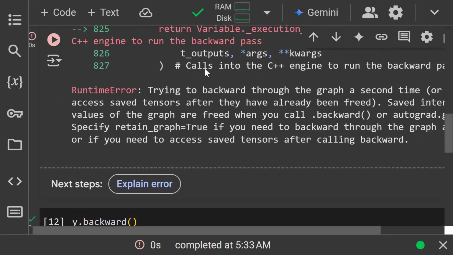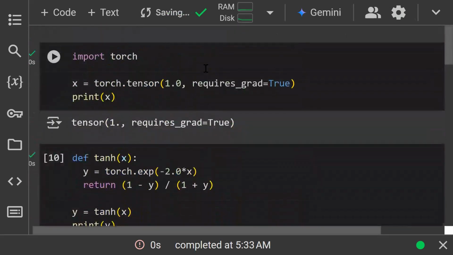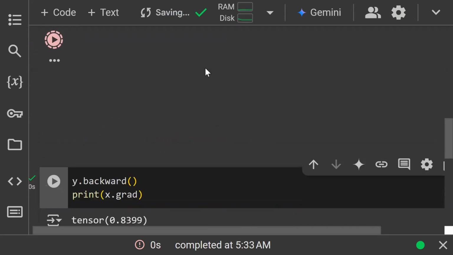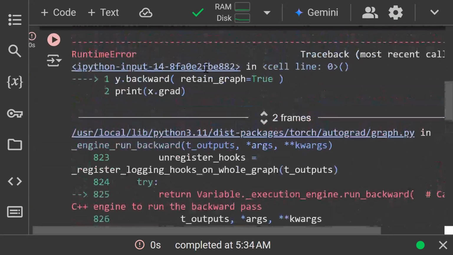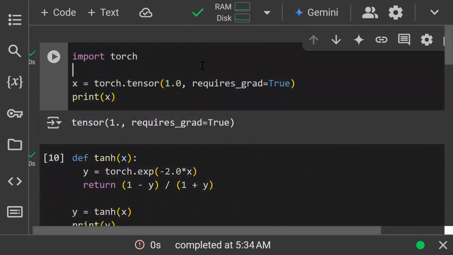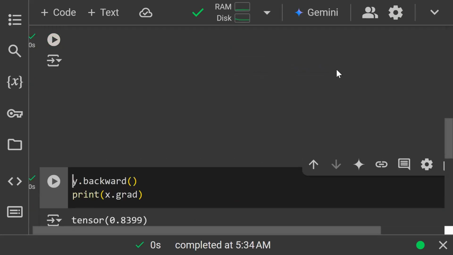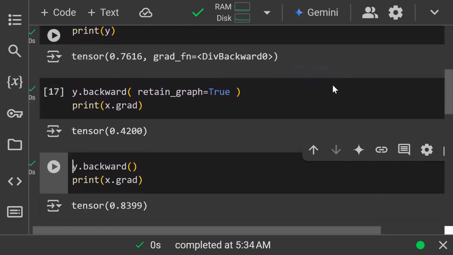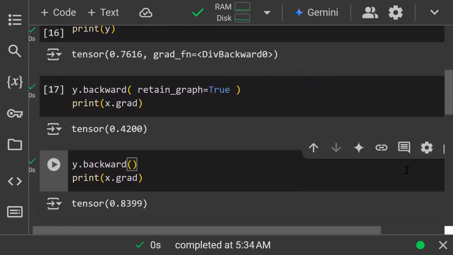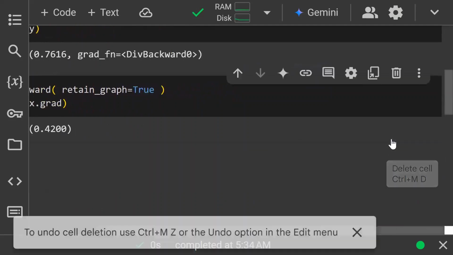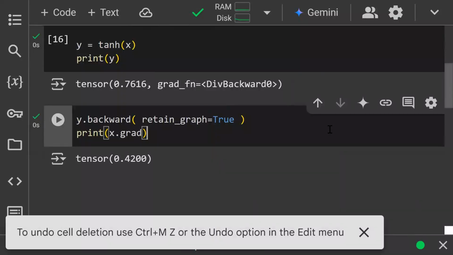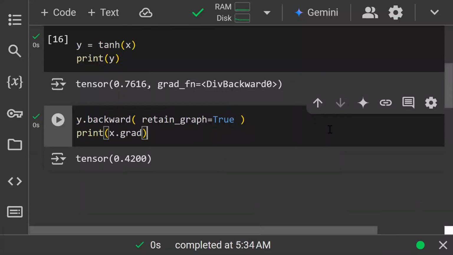Okay. But that's not what I wanted to show you. What I really wanted to show you is here. When I first run this, it's 0.42, and then I run it one more time.